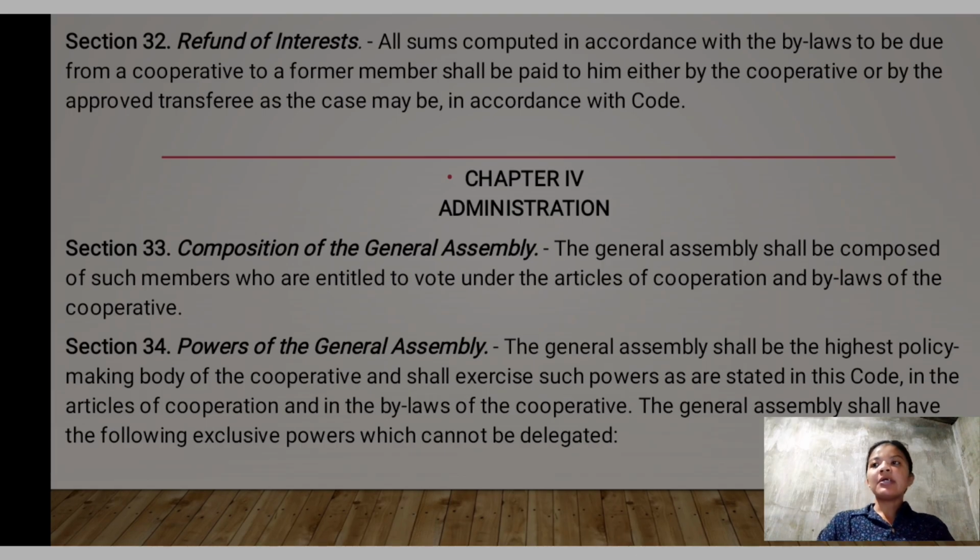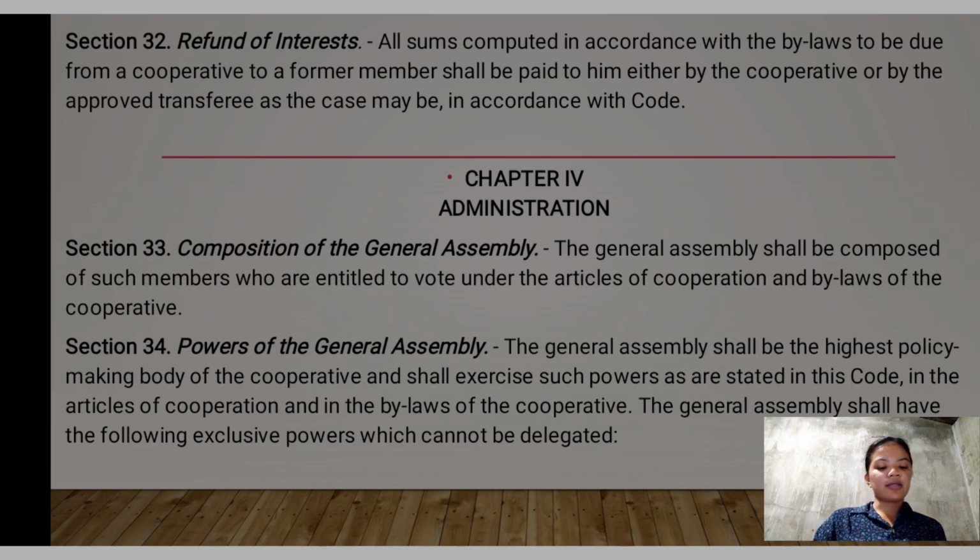Section 33, Composition of the General Assembly. It defines the composition of the General Assembly of a cooperative. It consists of members who are entitled to vote as specified in the Articles of Cooperation and Bylaws of the cooperative. Section 34, it establishes the General Assembly as the highest policy making body of a cooperative.